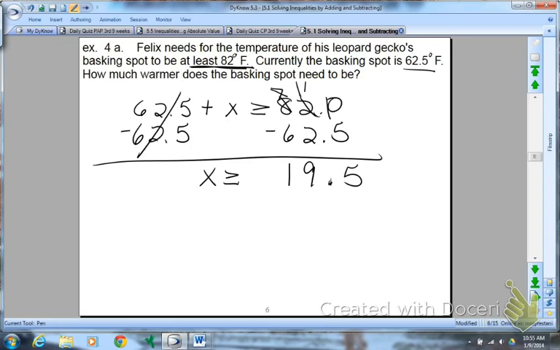Now, anytime you have a word problem, you must put the answer in some type of word phrase. I don't make you write it in a complete sentence, but I do want you to use a phrase. Do y'all know the difference between a sentence and a phrase? And what I would recommend you doing when you write the phrase is use the exact same words that they used in the problem.